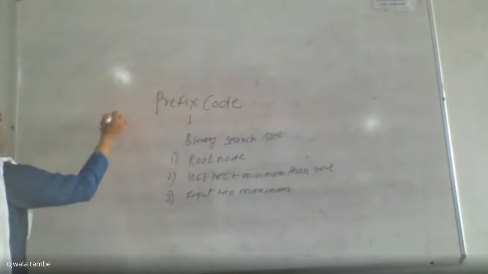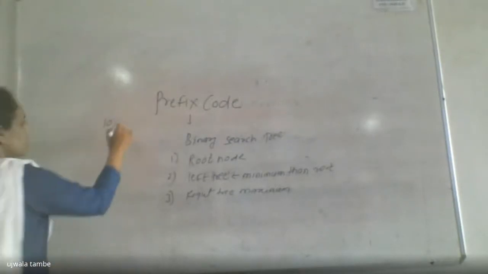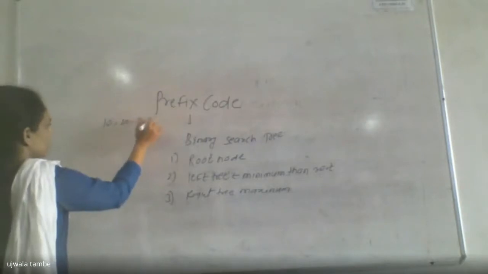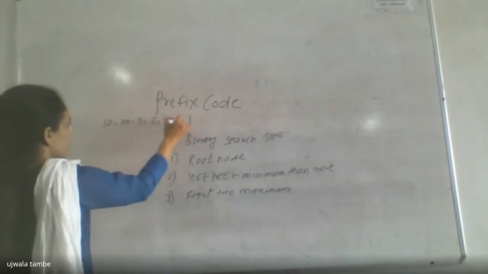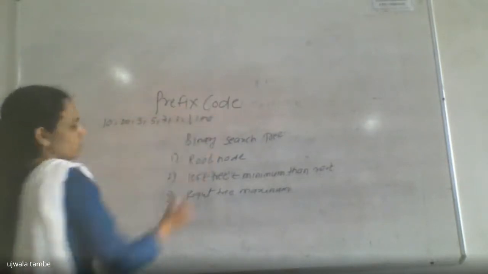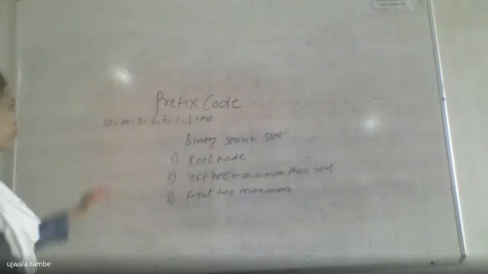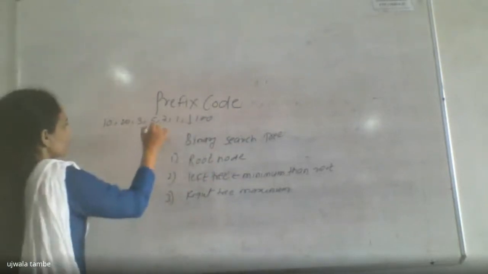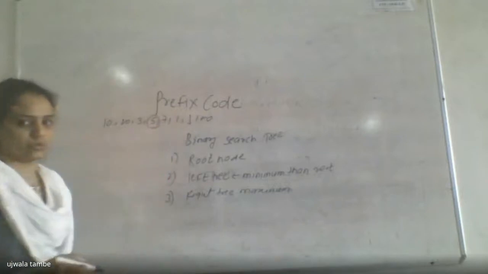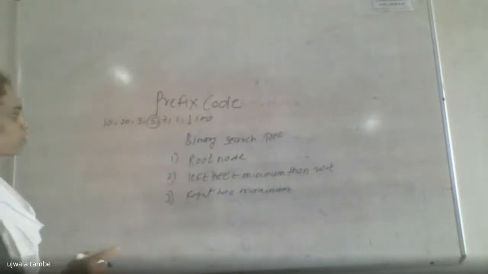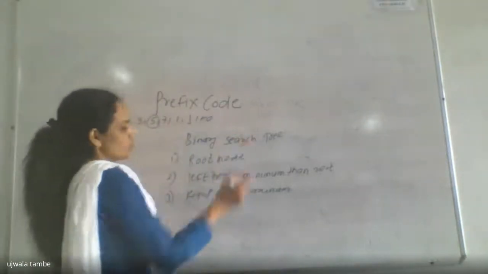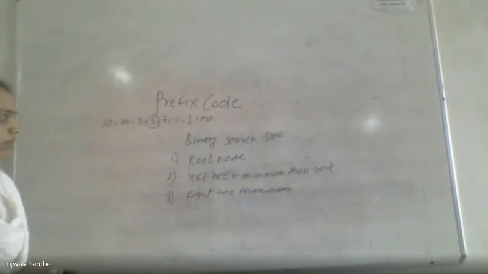Suppose I have some frequencies. Frequencies means the values. Okay. 10, 20, 3, 5, 7, 1, and suppose 100. Randomly I am going to pick these values. And suppose 5 is my root node. Whenever we construct the binary search tree, the value of the root node is given to you.